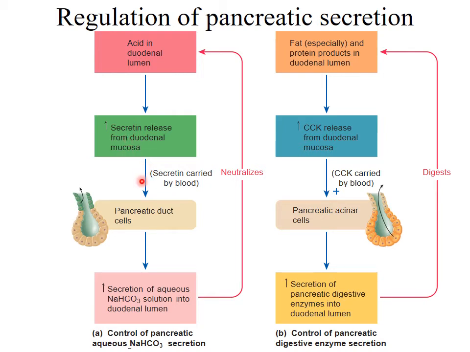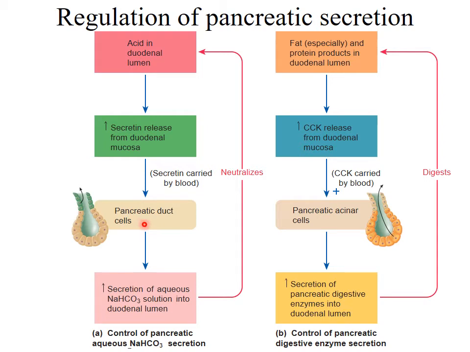It then goes to the pancreatic duct and stimulates the pancreatic duct cells to secrete an aqueous bicarbonate solution into the duodenal lumen. In order to counter this acid, we want some bases, so you can see here bicarbonate. This neutralizes the acidic contents coming into the duodenum. So it's a kind of neutralization.